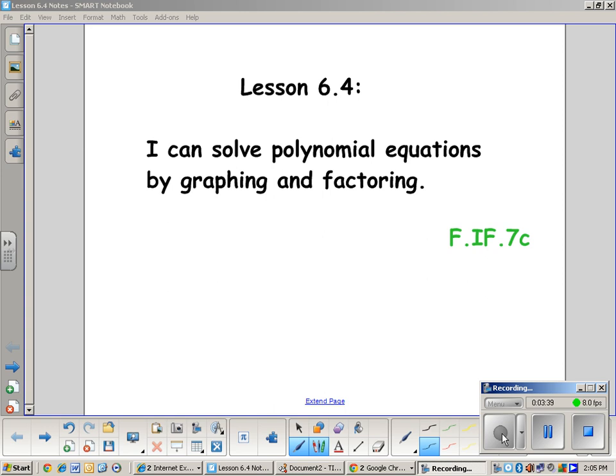Now we might scroll our screen in and out, our window, to make our graph wider or narrower, to get more of it in or less of it in, depending on what we need to do. But we still know that the zeros are always located where? On the x-axis. Okay?